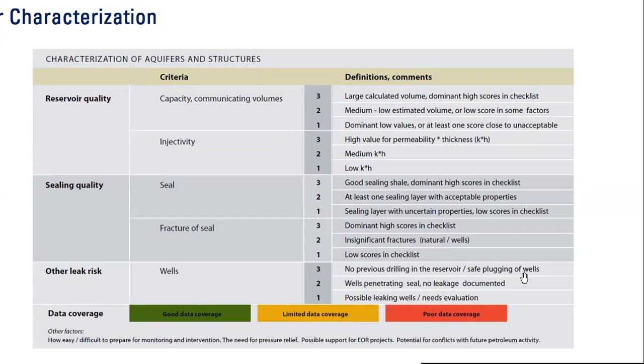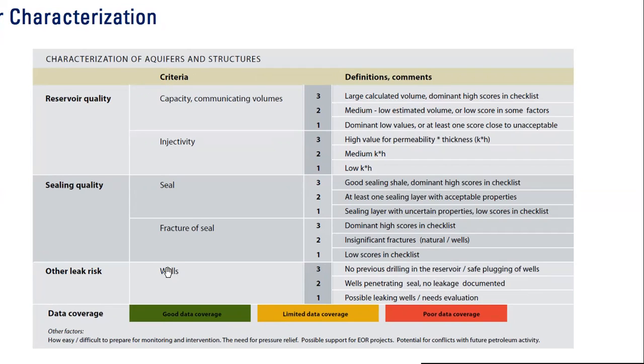So basically, if you have a reservoir, but you still do not penetrate the aquifer, you still haven't penetrated the caprock, the seal of the aquifer, then you will get score 3 for your aquifer in this well criteria.